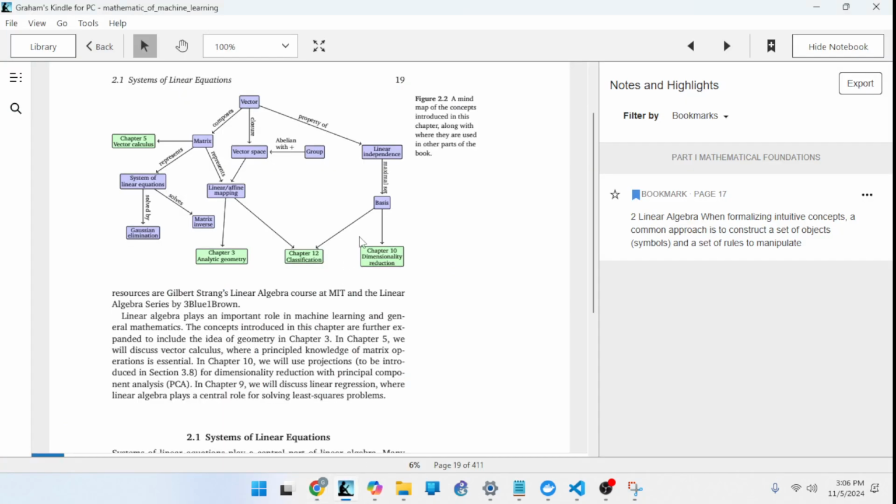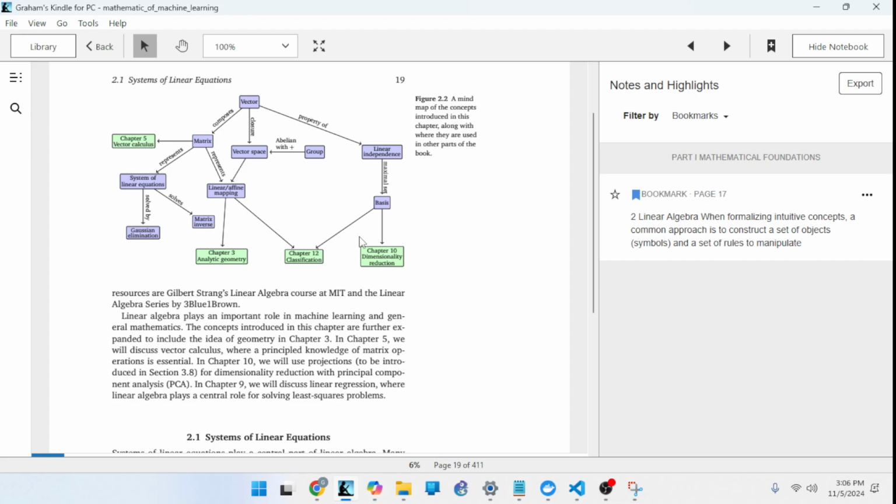Linear algebra plays an important role in machine learning and general mathematics. The concepts introduced in this chapter are further explained to include the idea of geometry in chapter 3. In chapter 5, we will discuss vector calculus, where a principled knowledge of matrix operations is essential.